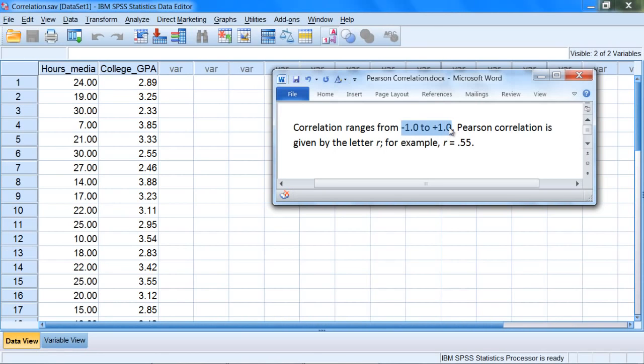You should never see a correlation of 1.2, for example, above this value, and you should never see a correlation of -1.8, for example. Those both would indicate mistakes. So if you ever calculate an answer outside of this range, or you ever see someone report an answer outside of this range, something's wrong, so you should take a second look at your values.